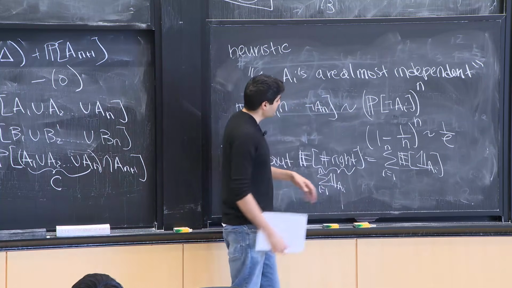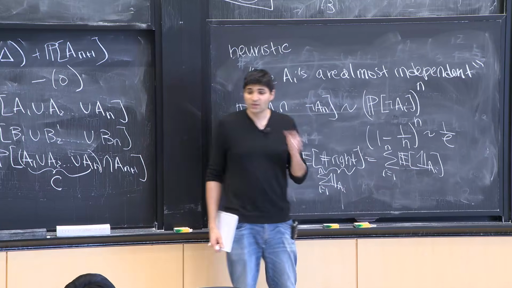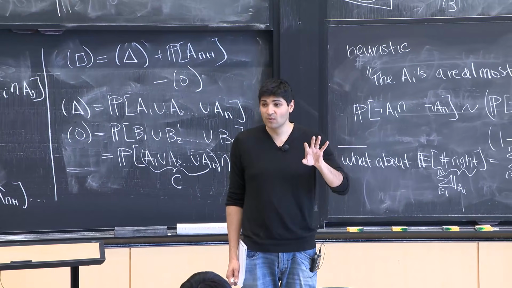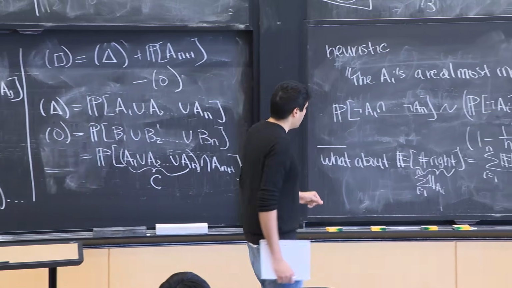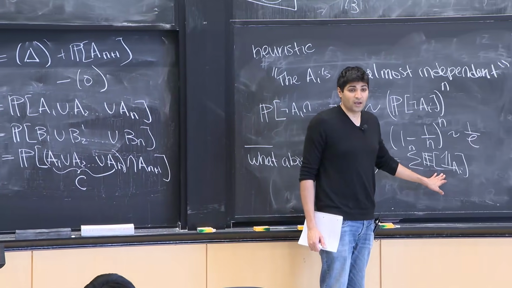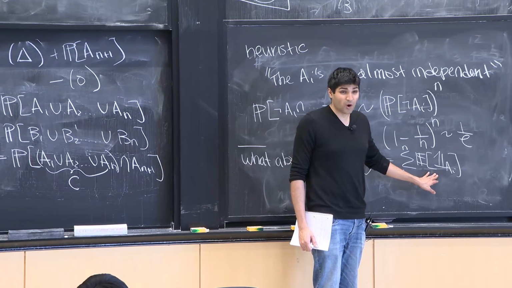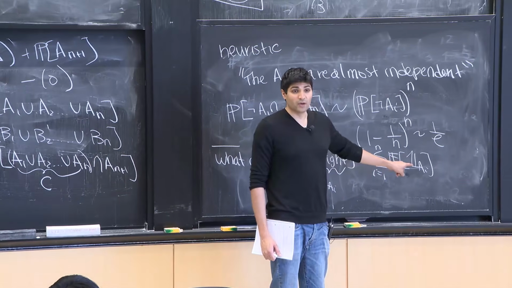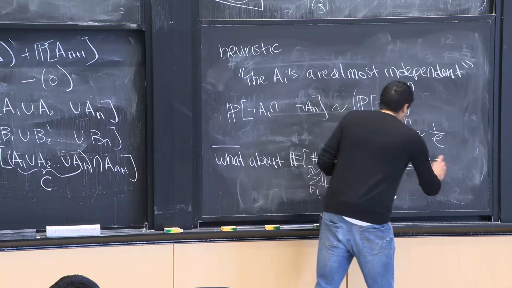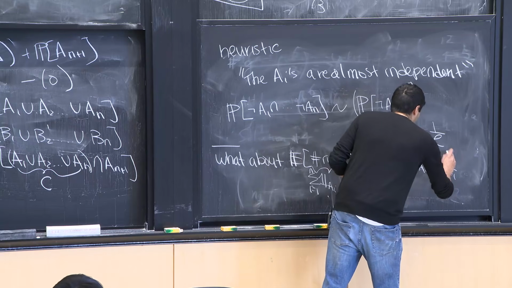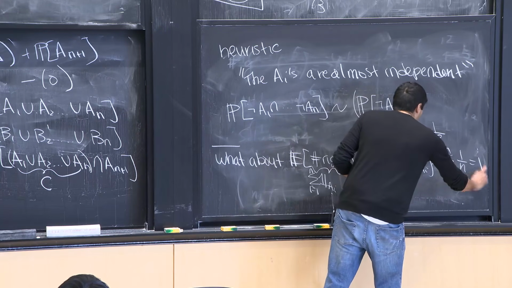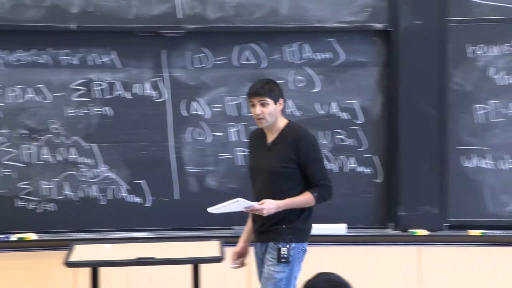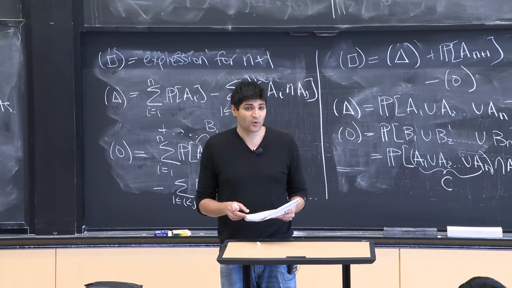So remember from last time that this indicator of an event is just a simple random variable that's 1 when the event happens and is 0 otherwise. So the expectation of the indicator of an event is just the probability that that event happens. Each of these we already computed. It's 1 over n. So I'm going to get the sum from i equals 1 to n of 1 over n, and that's the same thing as 1.